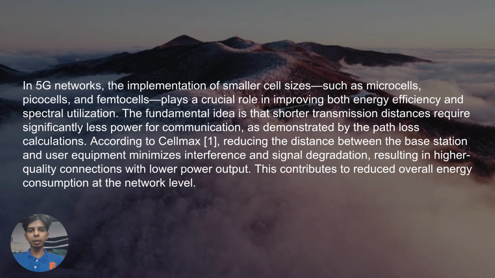According to the first journal, reducing the distance between the base station and user equipment minimizes interference and signal degradation, resulting in higher quality connections with lower power output. This contributes to reduced overall energy consumption at the network level.